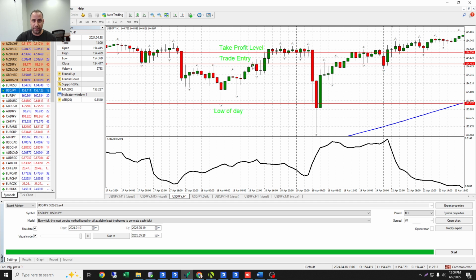The ATR here is about 154 points, as you can see in the data window. So 154 times 3 is 462 points, which obviously does not happen on a day like this. 462 points would be way up here, which would be most people's take profit if they were just going based off of the ATR.